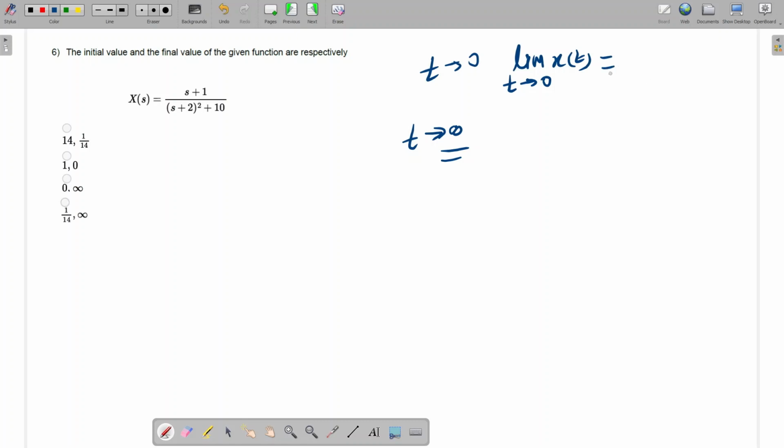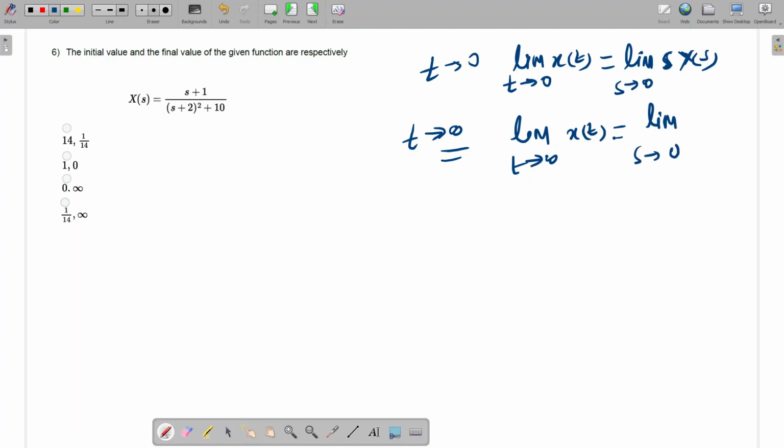In the S domain, how can we write? Limit s tends to infinity of s into X(s). Similarly, final value theorem: limit t tends to infinity of x(t), and in the s domain that will be limit s tends to 0 of s into X(s).